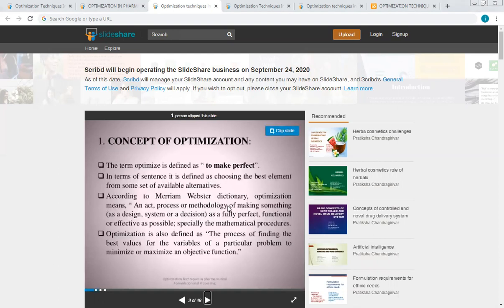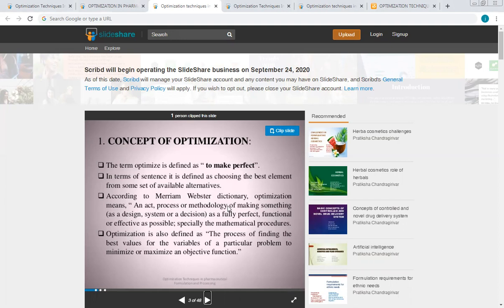So, the concept of optimization. The term optimize is defined as to make perfect. In terms of a sentence, it is defined as choosing the best element from some set of available alternatives, according to the Merriam-Webster dictionary.